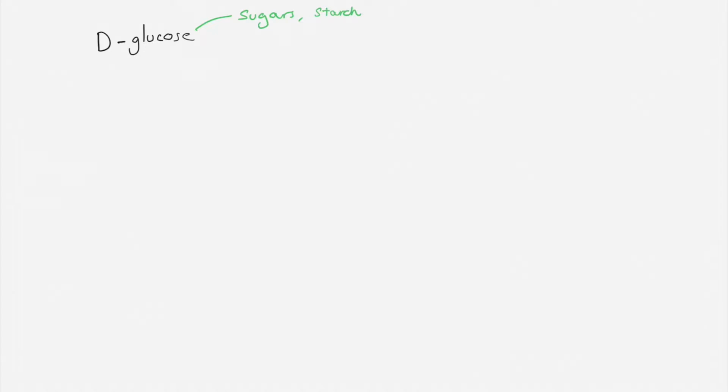We can get glucose as well from the breaking down of glycogen in the liver. And we know that the breakdown of glycogen in the liver is a process known as glycogenolysis. Lysis essentially means the splitting of glycogen to form glucose.